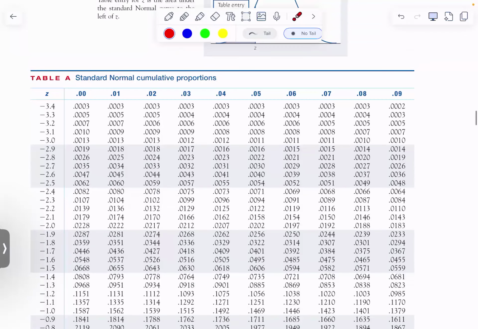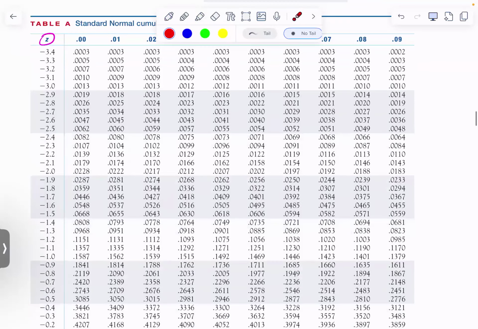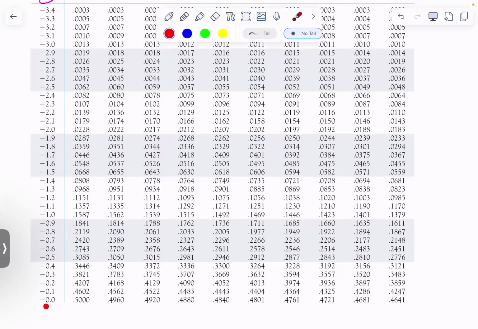Well, some key things first. We've got our Z. Let's start there, making it a Z table. Now our Z is starting here, -3.4, and going all the way down by 1 decimal place until we get to -0.0.